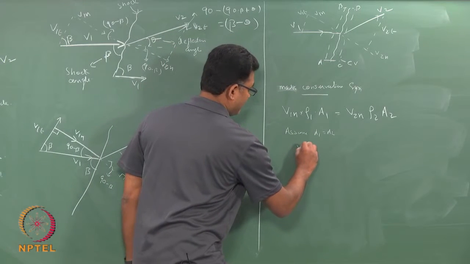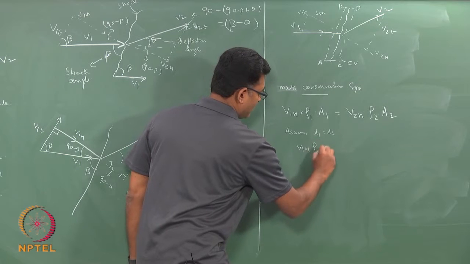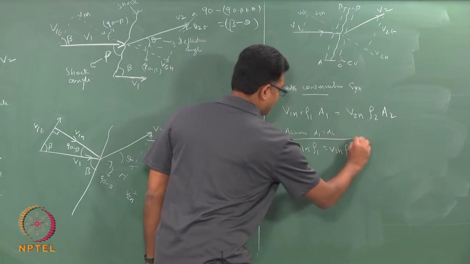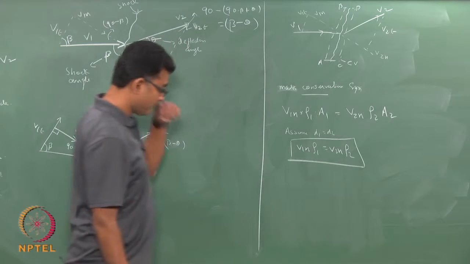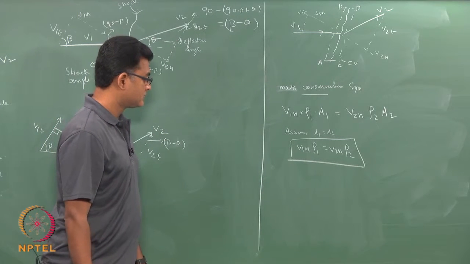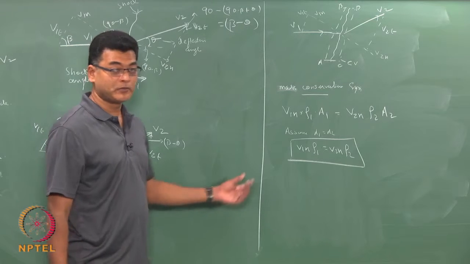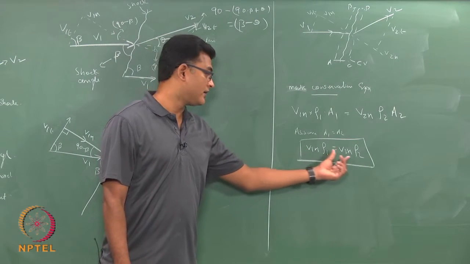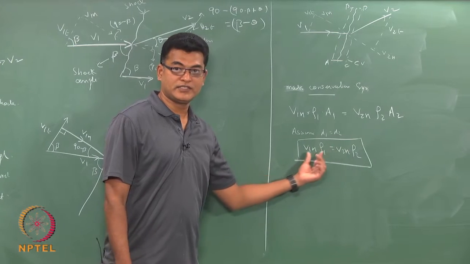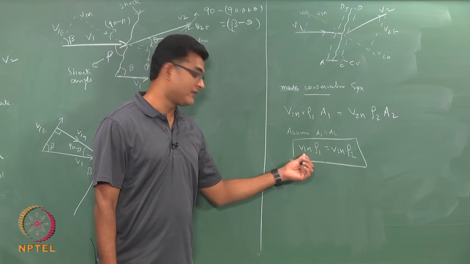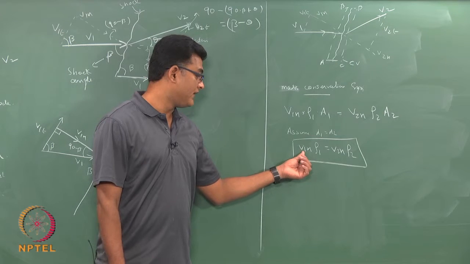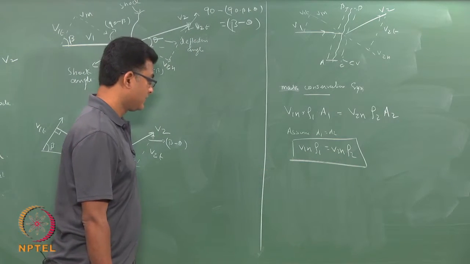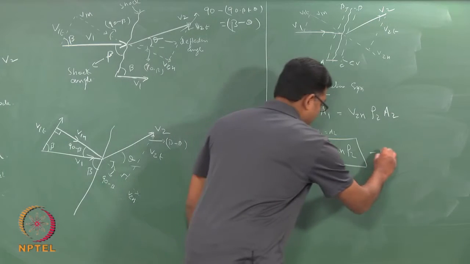I have V1n rho 1 equals V2n rho 2. So, if I have a normal shock with velocity V1n, then I can find the relation accordingly. We have written for a normal shock Vx rho x equals Vy rho y. So, that is my equation 1.